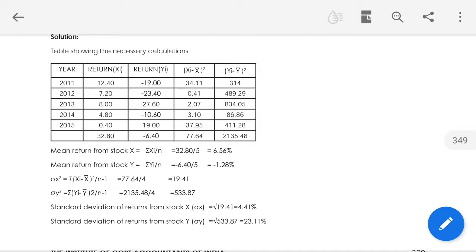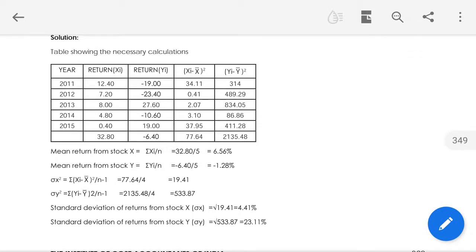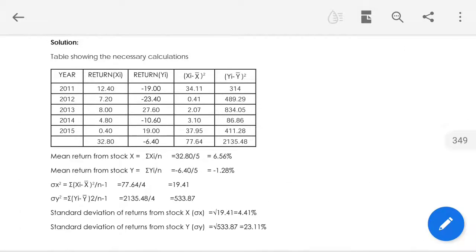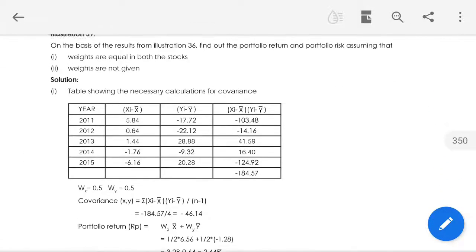12.40 minus 6.56, 7.20 minus 6.56. Likewise, when we calculate it, it comes like 5.84, 0.64, 1.44, minus 1.76, minus 6.16. Minus 6.16 is because here we can see 0.40.